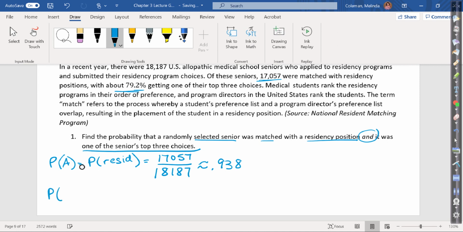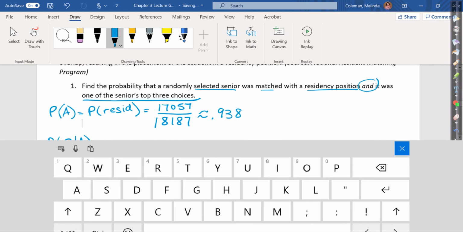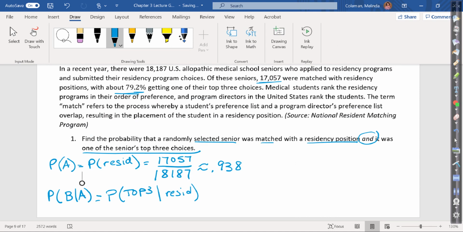Because this is an AND, I also need the probability of B given A. And the probability then that they had top 3 given that they matched their residency. If we read the question here, it tells us, of these seniors, those who matched the residency positions had about a 79.2% chance of getting their top 3 choices.